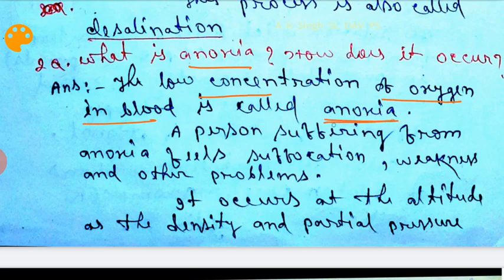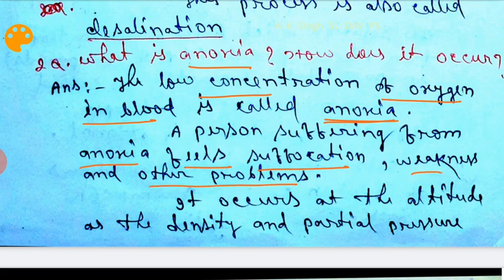Why does low concentration occur? Because you have read, if we move in upward direction, then the concentration of oxygen as well as density of air is decreased. So a person suffering from anoxia feels suffocation, weakness, and other problems.